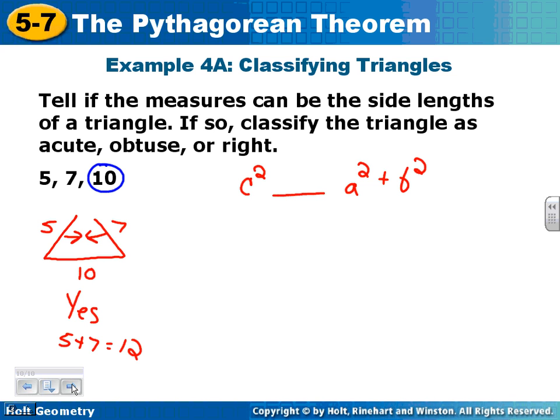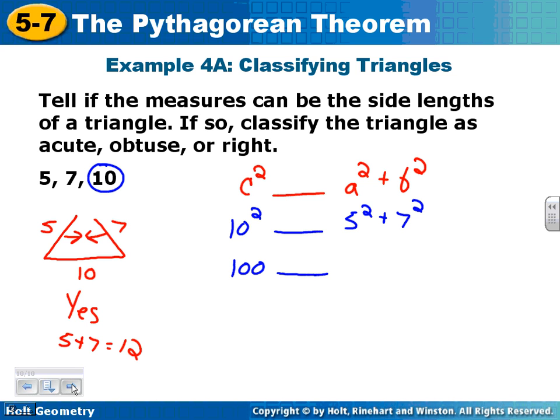So c is this 10. So I'm going to put a 10 squared right there. Then my blank. Of course, I'll make that 100 in a moment. It does not matter which one's a and b. I'll just write 5 squared plus 7 squared. Again, it does not matter if it's 5 squared and 7 squared, or 7 squared then 5 squared. It doesn't matter. Let's go.